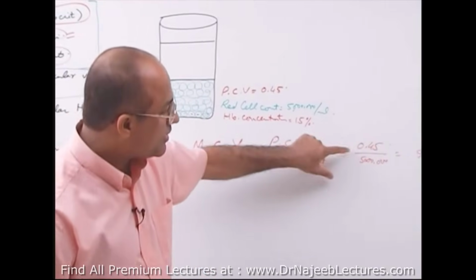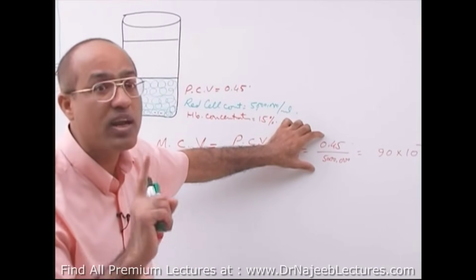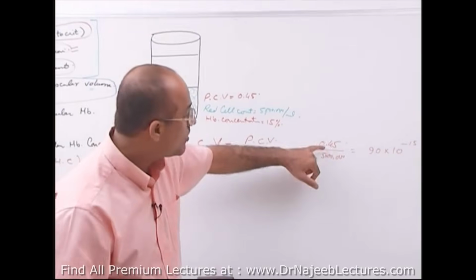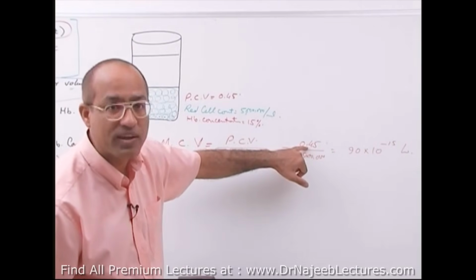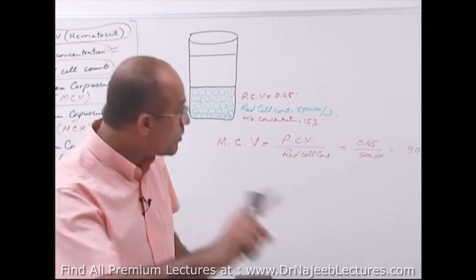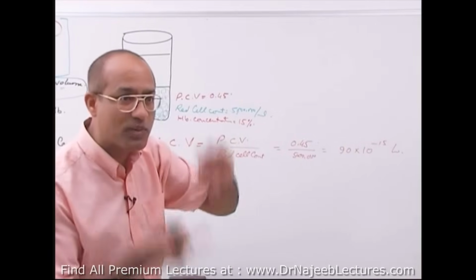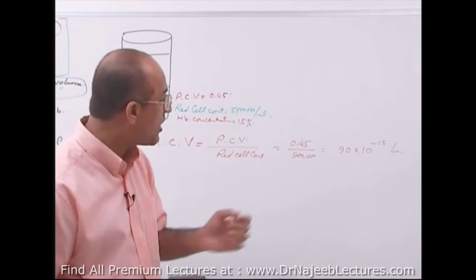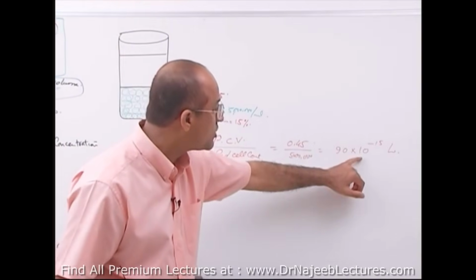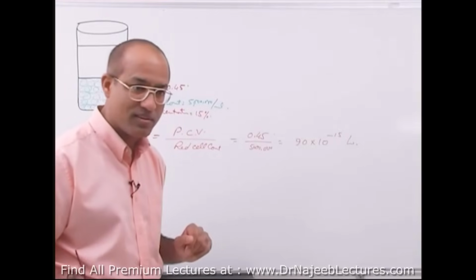For example, if it is 1 ml blood, listen carefully, then total packed cell volume will be 0.45 ml. 0.45 ml divided by 5 millions, the result will be very large or very small? Very small. So it will become 90 into 10 to the power minus 15 liters.